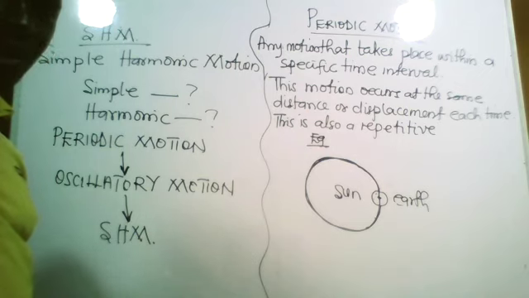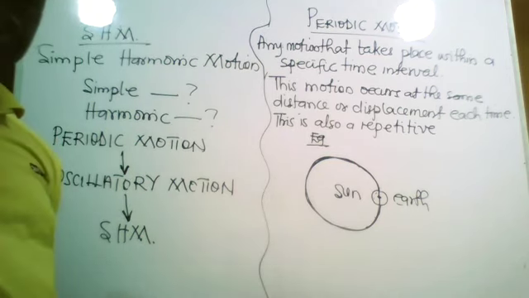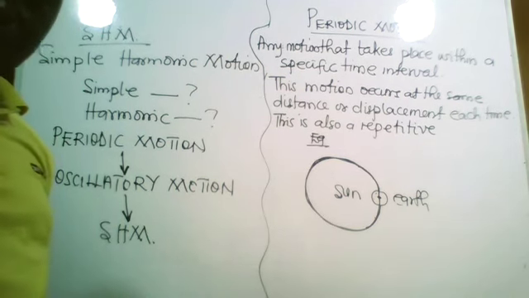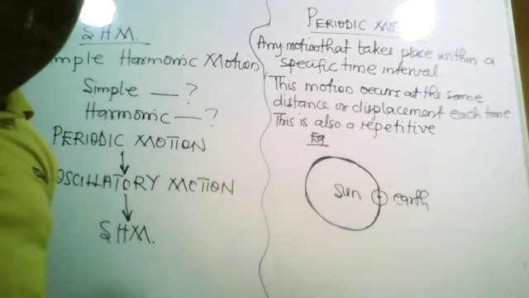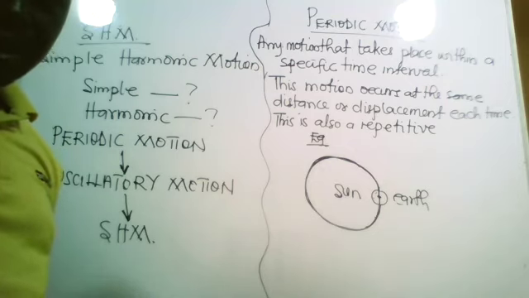By this example, I want somebody to also give me another example of any motion that is periodic. Somebody else to give me an example of periodic motion. Let me go to Stephanie.